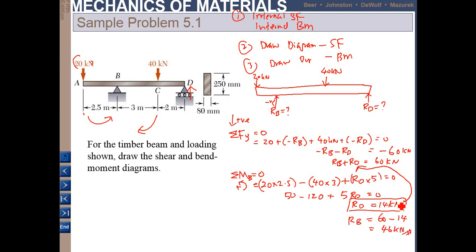Okay, so you put this value in here for RD. So RB is equal to 60 minus RD, that's why you got 46. So now you know this is actually 46, and this is actually 14 kilonewton.